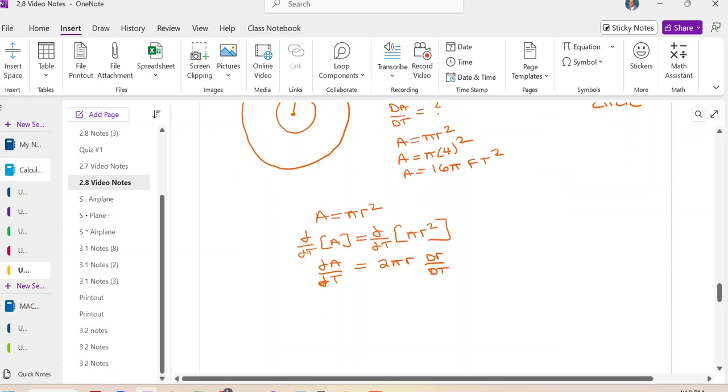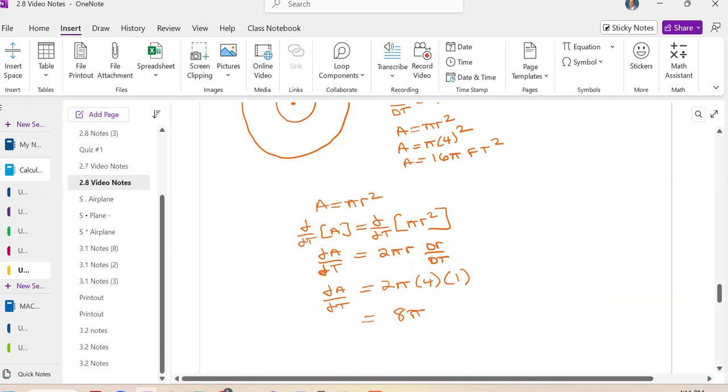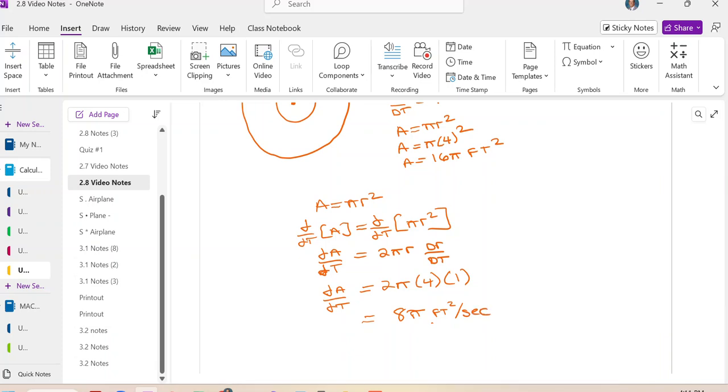Now we can substitute in what we know. We don't know dA/dt, that's what we're trying to find. We know the radius is 4, and we know dr/dt is 1. When we solve this, we get 8 pi as the change in area, so the change in area is 8 pi square feet per second.